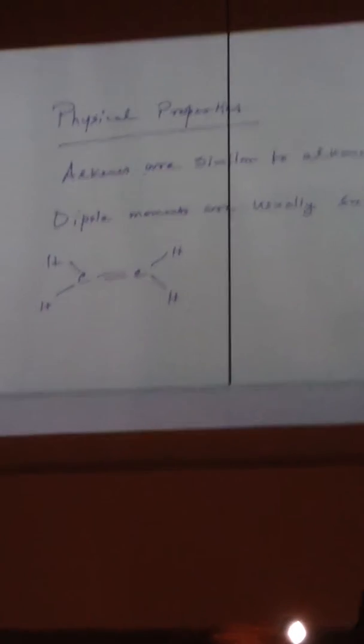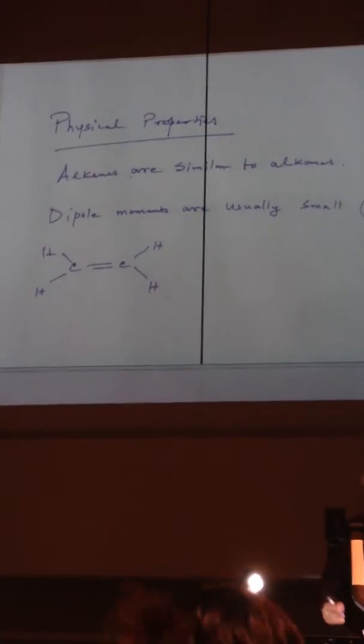And so if you look at something such as ethylene, the dipole is 0.